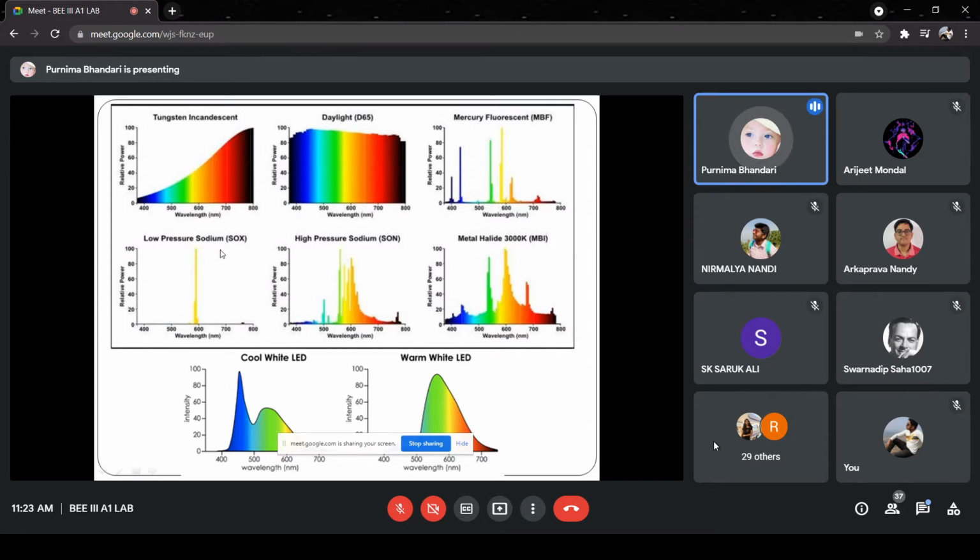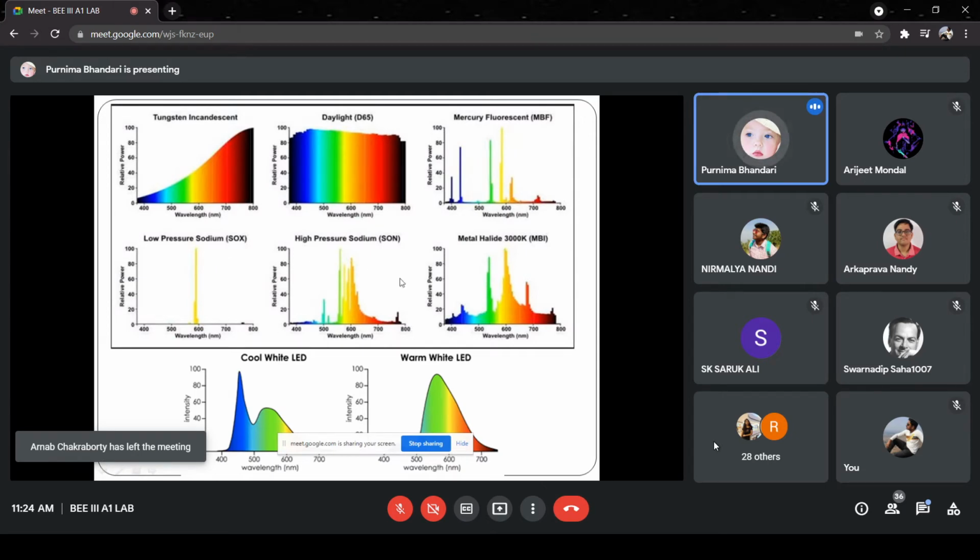We all know that a SOX or low pressure sodium vapor lamp is monochromatic in nature. That means it radiates essentially a single wavelength, though there is faded radiation at other wavelengths too. But the wavelength at 589 is very prominent, so we call it the low pressure sodium vapor or SOX lamp.